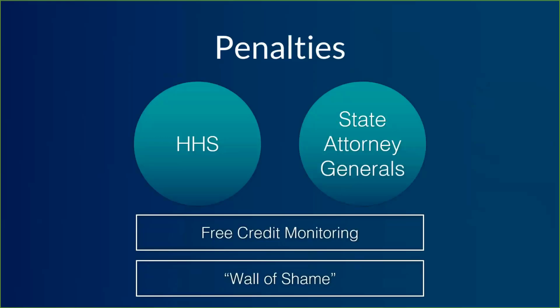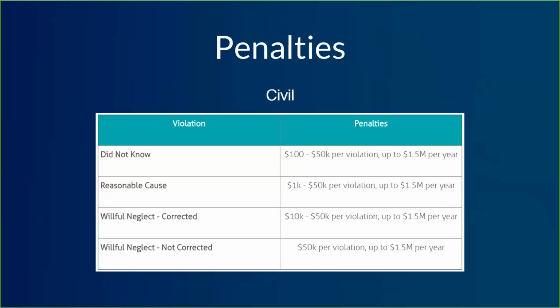Now, I haven't yet talked about the exact penalties that HHS assigns, so let's cover that. There are civil penalties, so money, money, money, and there are 4 different violation categories. The first one is did not know. So you didn't know about the violation that caused the breach, or you didn't know about the violation that was found during an audit.